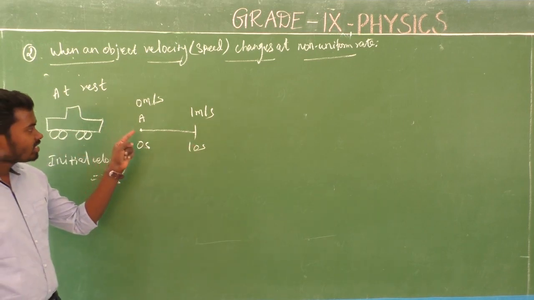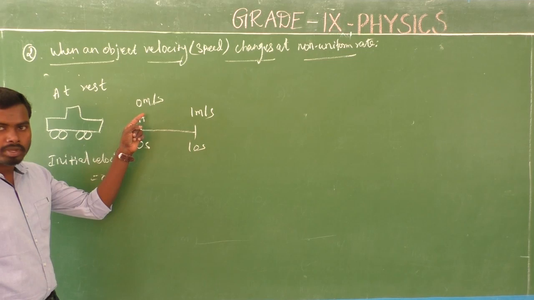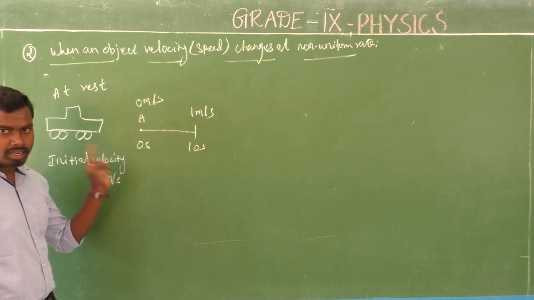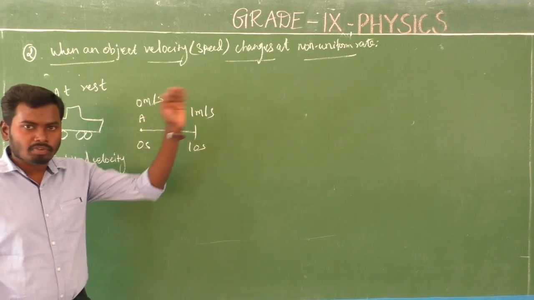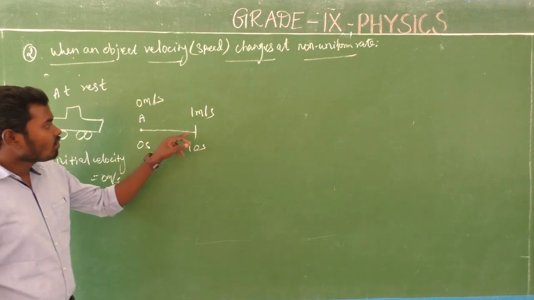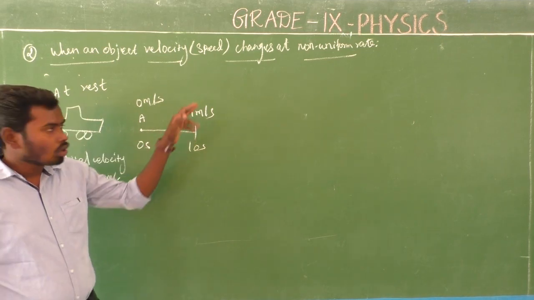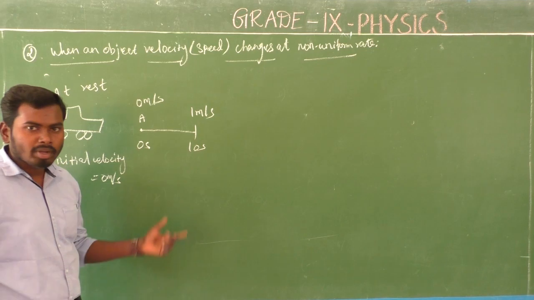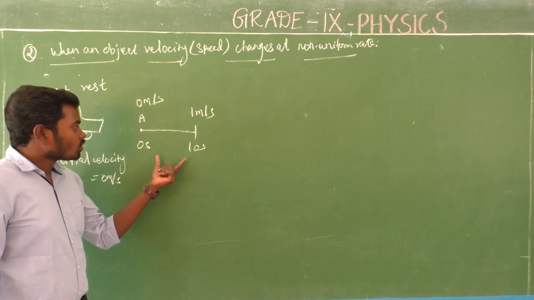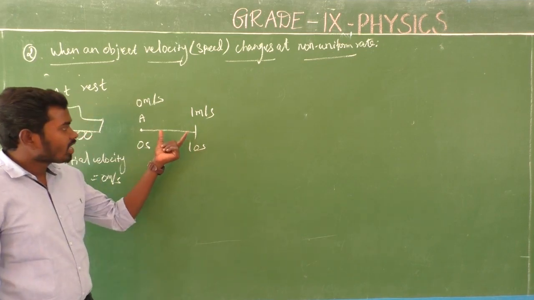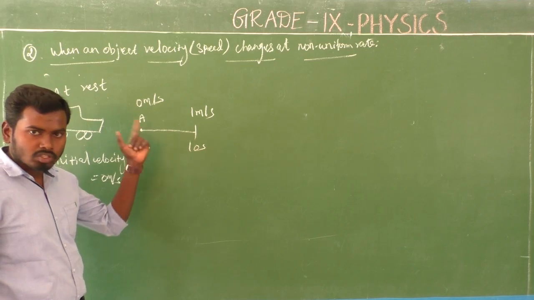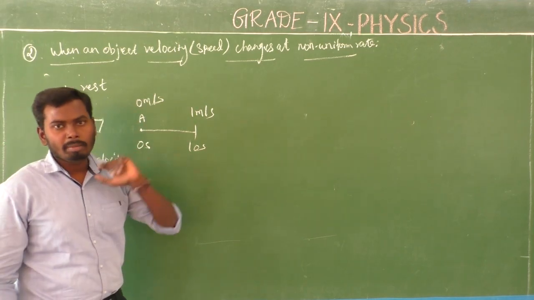Look at here. Initially the car velocity was 0 meters per second when the car was at rest. Then after 10 seconds, the car velocity changes to 1 meter per second. So within 10 seconds, the velocity of the car changes from 0 meters per second to 1 meter per second.